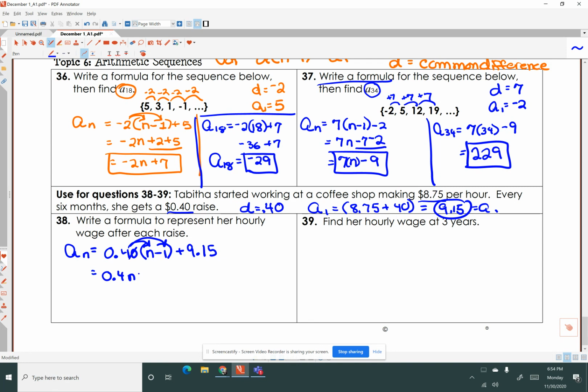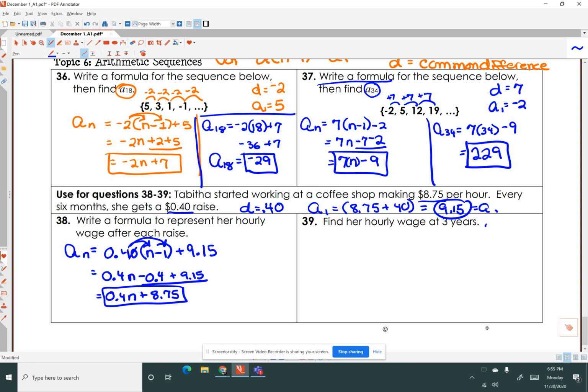And 0.4 times -1 is -0.4 plus $9.15. Now we'll combine these two like terms to give us 0.4n plus 8.75. So that's our formula.